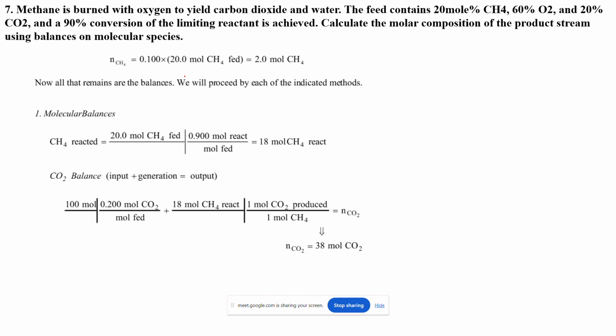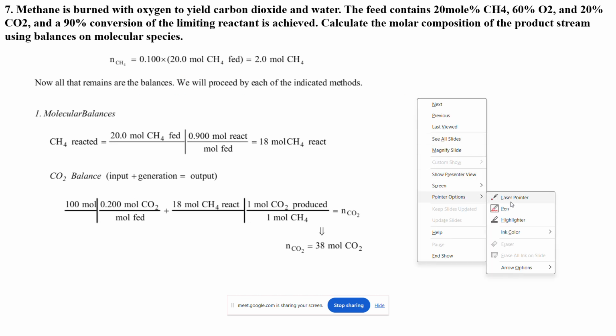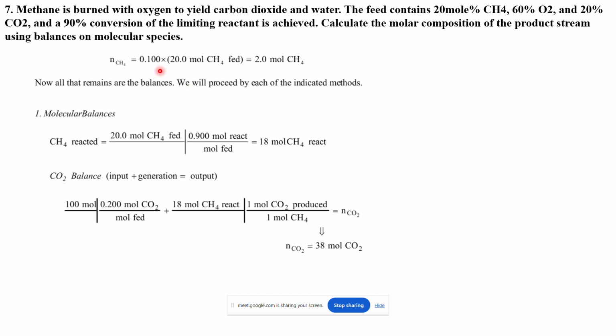So first we will go for the moles of CH4 present in the output stream. We can calculate it easily according to the 90% burning efficiency: NCH4 equals 0.100 times 20 moles of CH4 feed. The output will contain around 2 moles of CH4.